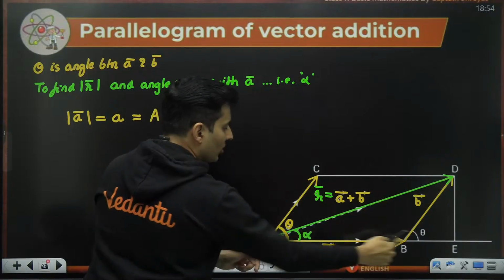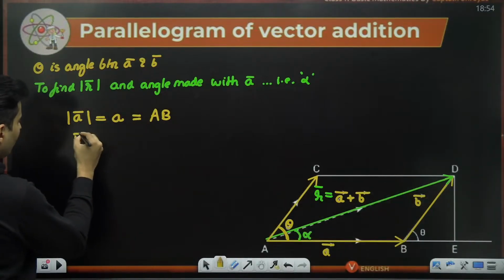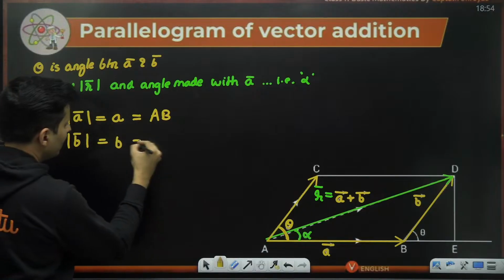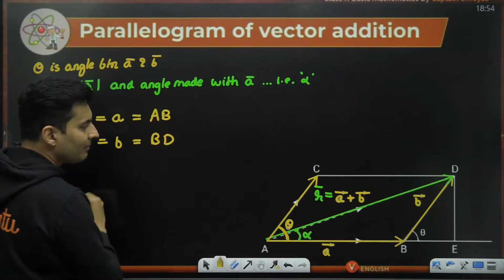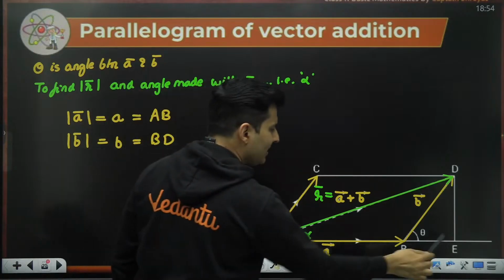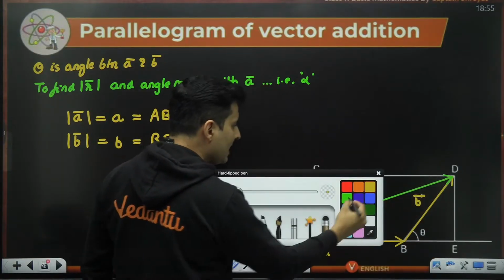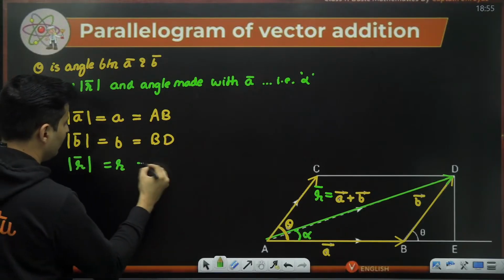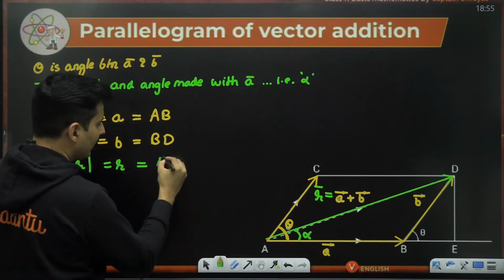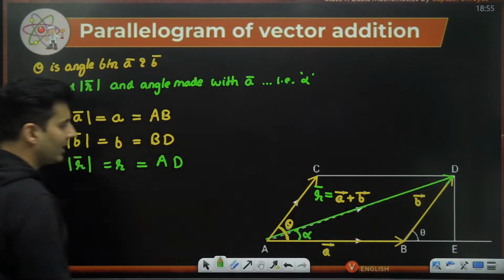This length is also the magnitude of vector A. Vector B's magnitude, I can just call it as B, which is also BD. Similarly, this AD is nothing but the resultant vector's magnitude, which I can just call R.